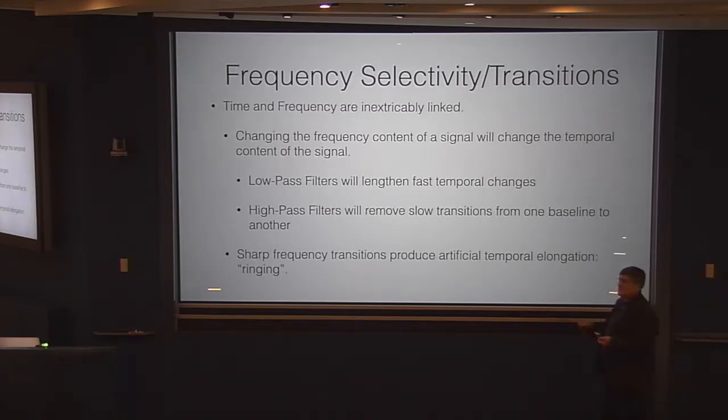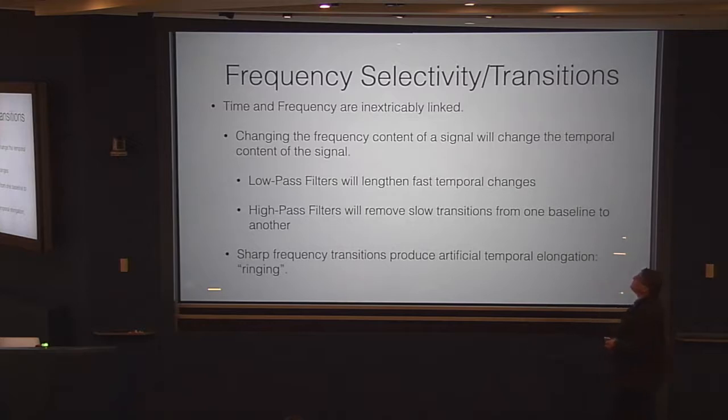Similarly with high-pass filters, if you've got a nice DC response that changes to another nice DC response, if you high-pass it, it's going to bring them all down to 0. So you may not want to high-pass it if you really want those things, but if you're high-passing it because you have no choice, for instance, you're doing EEG and you've just got this drift going on, then you may just have to sacrifice certain things, but that falls into the compromise region.